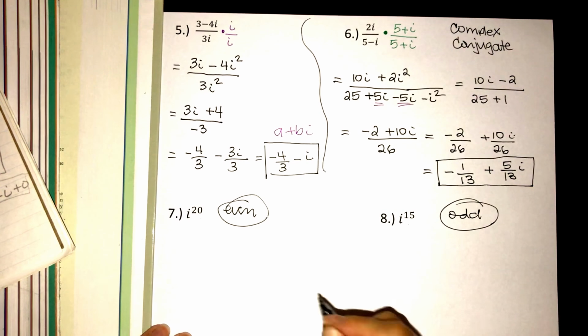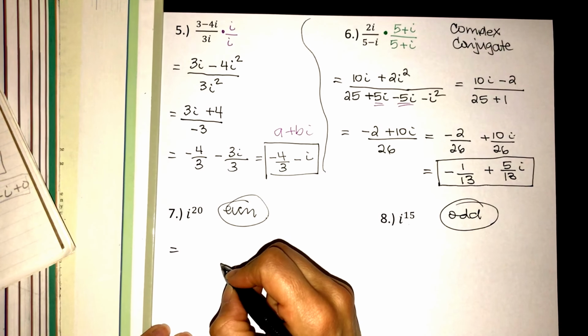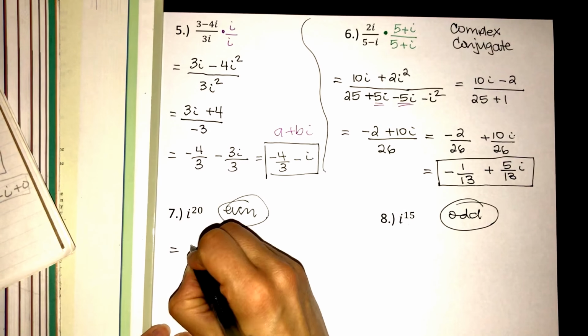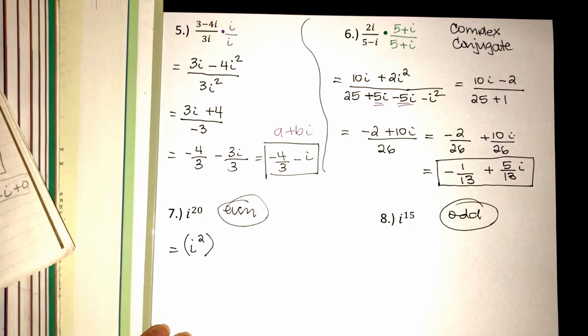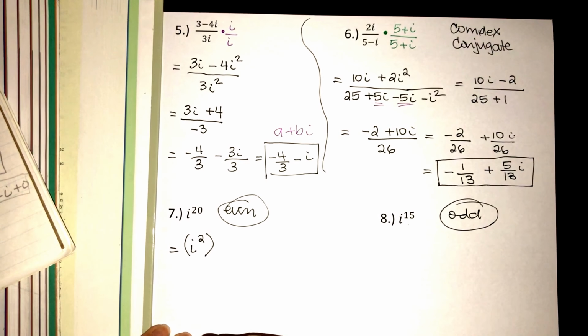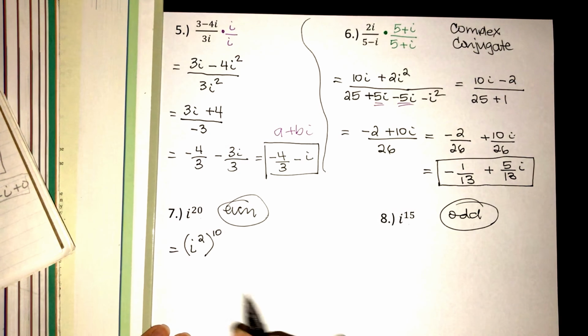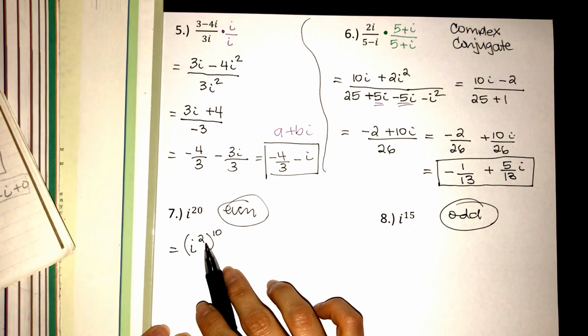Okay, so what I'm going to do is I'm going to go back to exponent rules. You can rewrite i to the 20th using i squared. Okay, i squared to what power? 2 times what is going to give me 20? 2 times 10. Remember exponent rules. If I have a situation like this, we use the power rule, which says we can multiply.